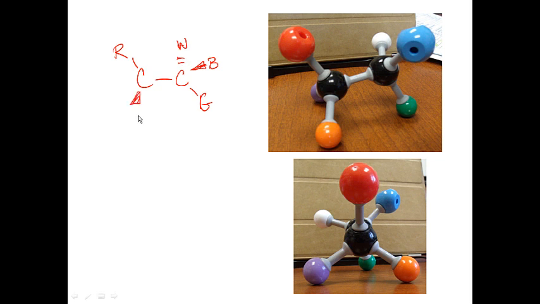The orange group was pointing towards me on a bold wedge, and the purple was pointing away from me on a dashed wedge. So this is my structure. Now imagine myself over here looking at this, going to draw the Newman projection of this molecule. Well, if I drew the Newman projection of this, I would simply come down here and say, okay, here's my Newman projection the way I've written it.